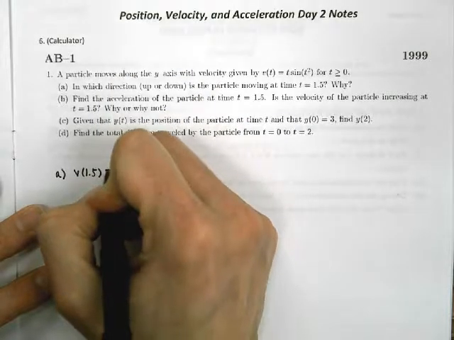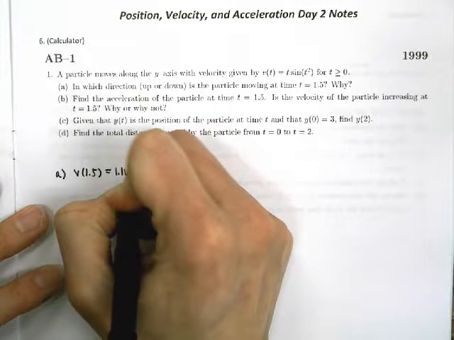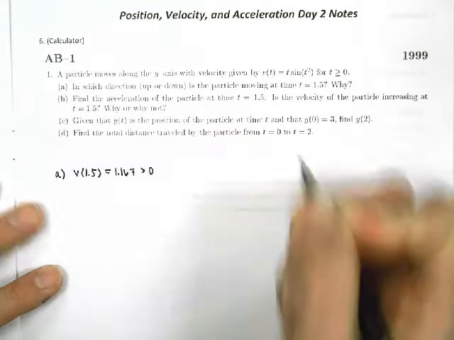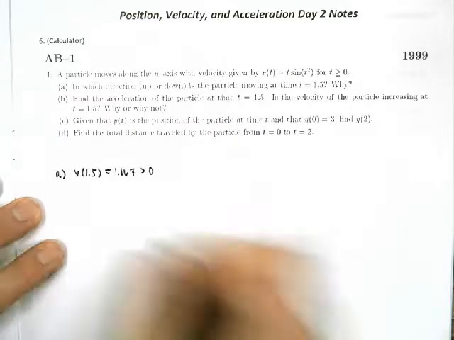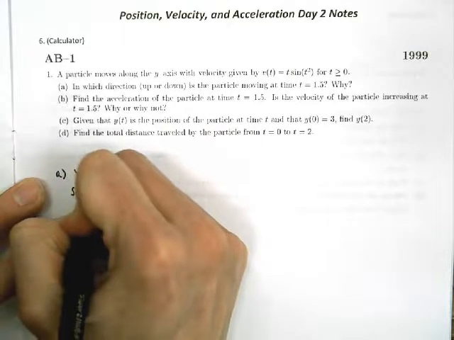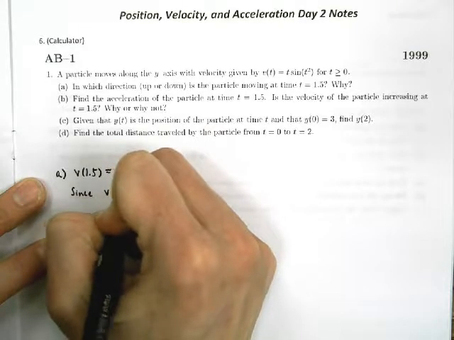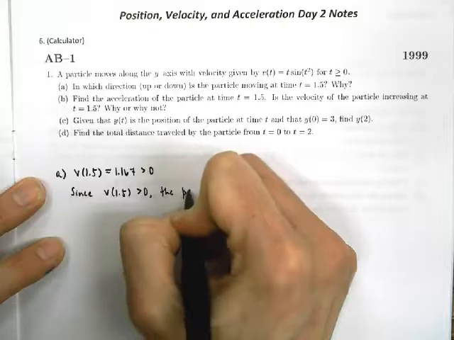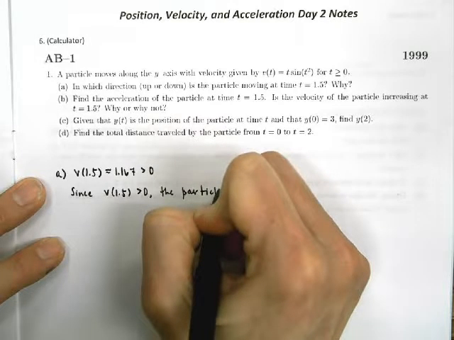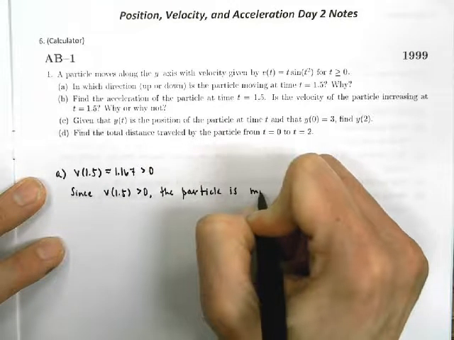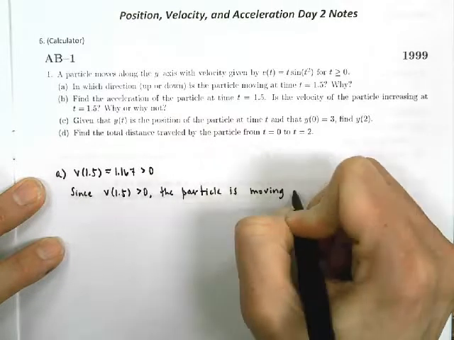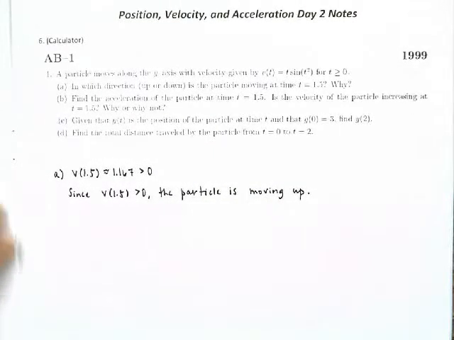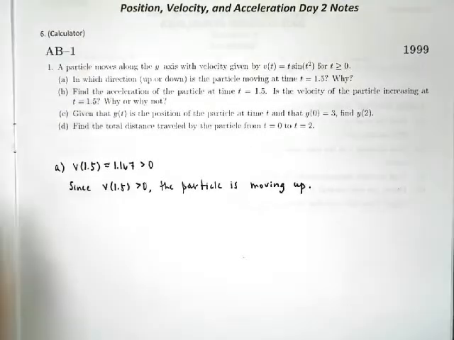So I know this is approximately 1.167, which I also know is greater than 0. So since v of 1.5 is greater than 0, the particle is moving up. Okay, and we're done with part A.